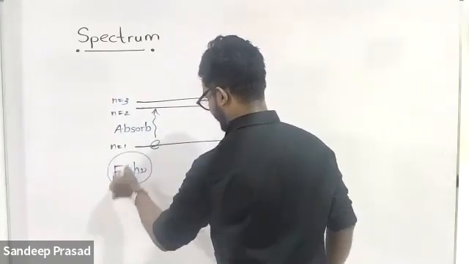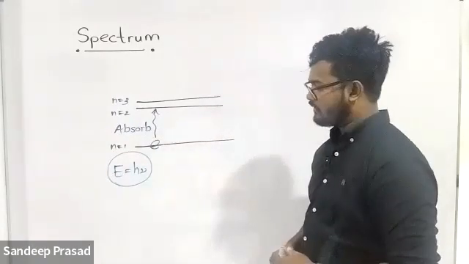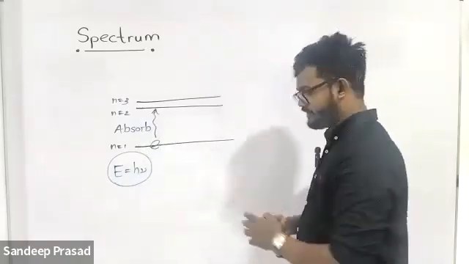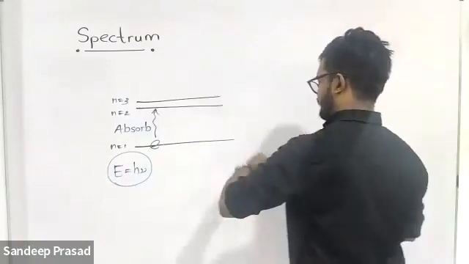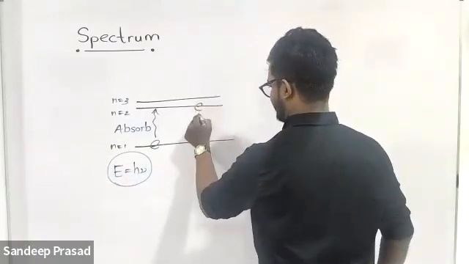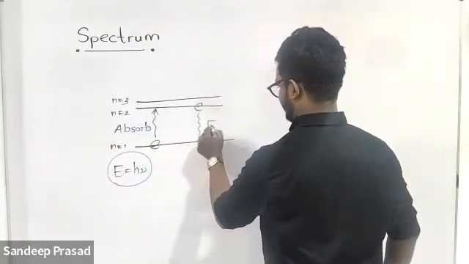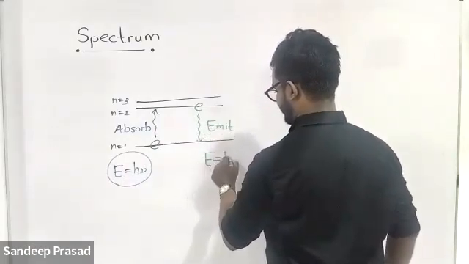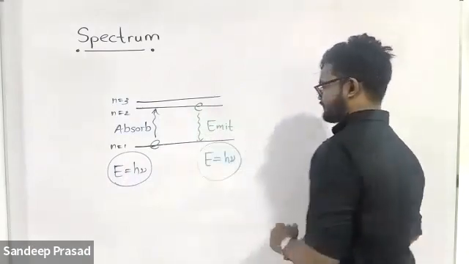We have done enough calculations regarding this absorption energy or emission energy. And the same thing: when the electron moves from a high energy level to a low energy level, it will emit energy. That emitted energy can also be calculated using the E equal h nu equation, right?